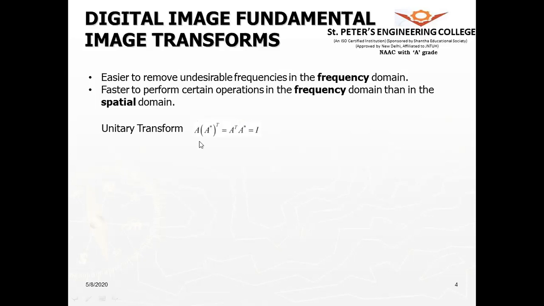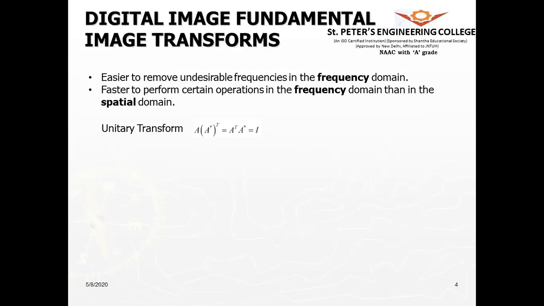If you consider a matrix A, the product of the transpose of matrix A and the conjugate of matrix A will be an identity matrix, or a unit matrix. This is called a unitary transform. So the transform should obey this matrix relationship. Then we call it a unitary transform.